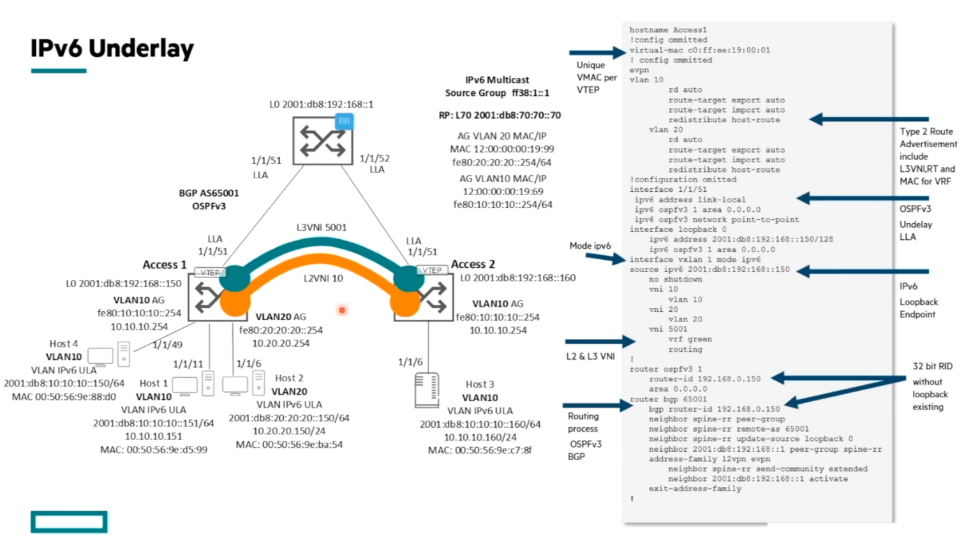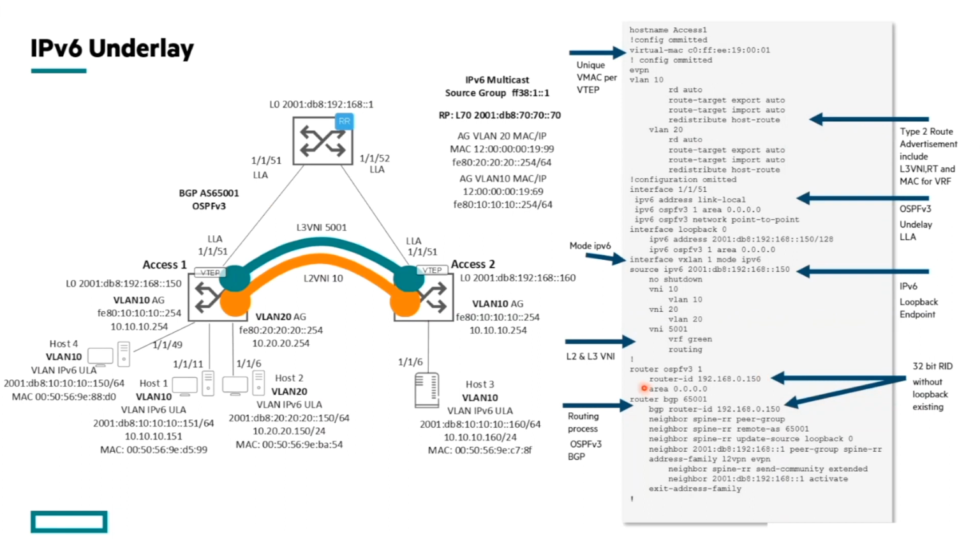You can see on this diagram, I've got loopback 0 here and loopback 0 on access 2 being used as the endpoints. And on the spine, I'm also using a v6 address, but that's for the underlay.